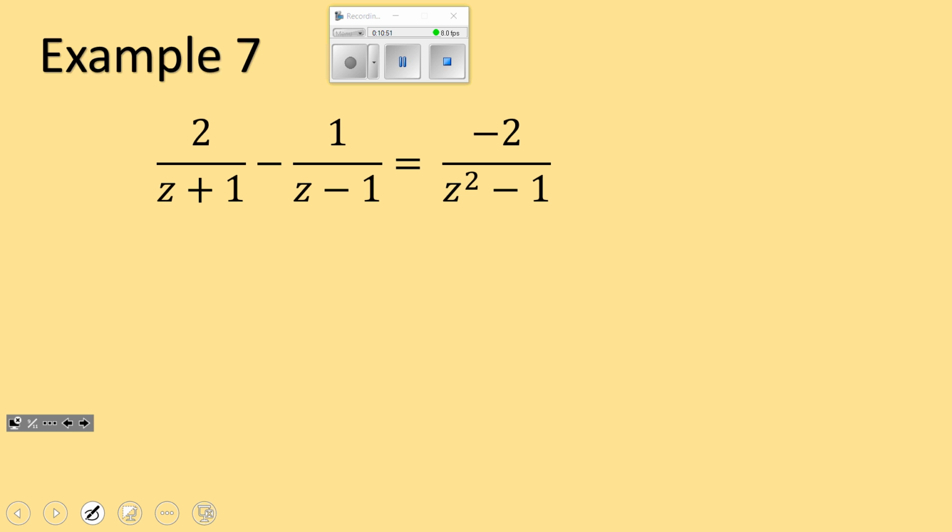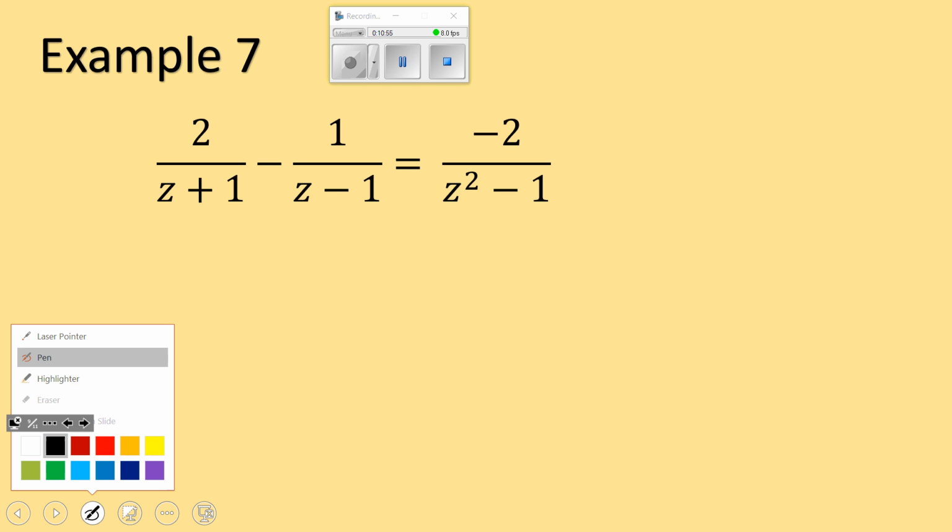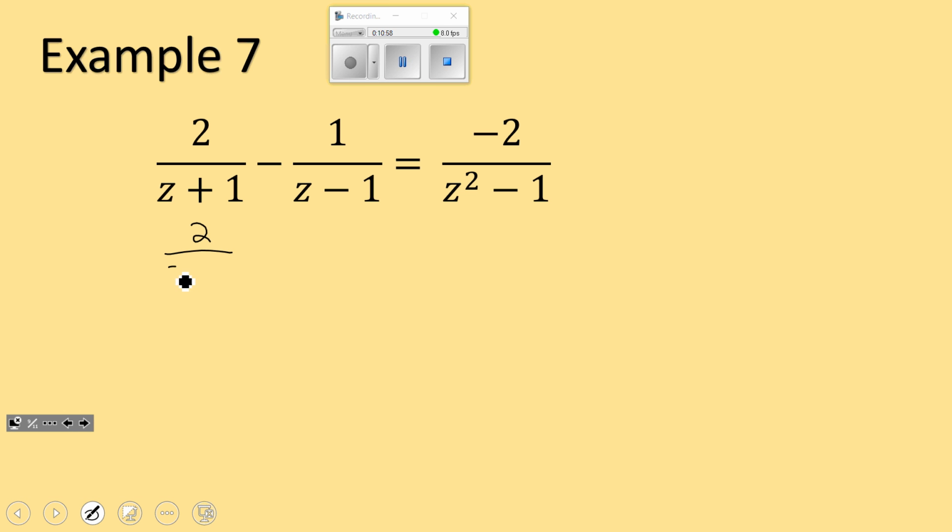I do that first thing so you don't forget about it. All right, any questions on adding the opposite and factoring the denominators?